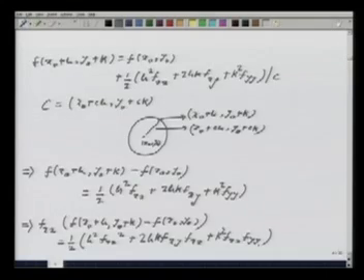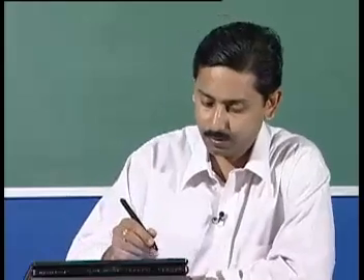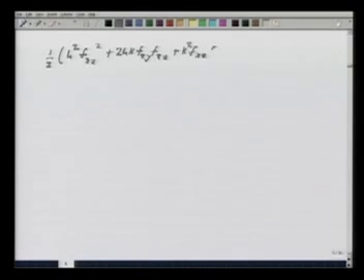Okay. So now I am going to concentrate on the right hand side. So what it is: half h square plus k square fxx into fyy. Okay.